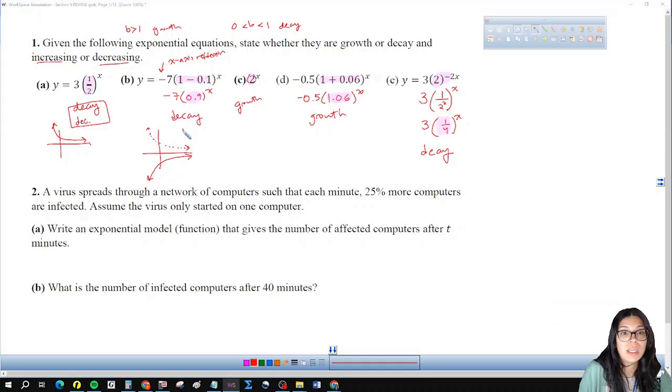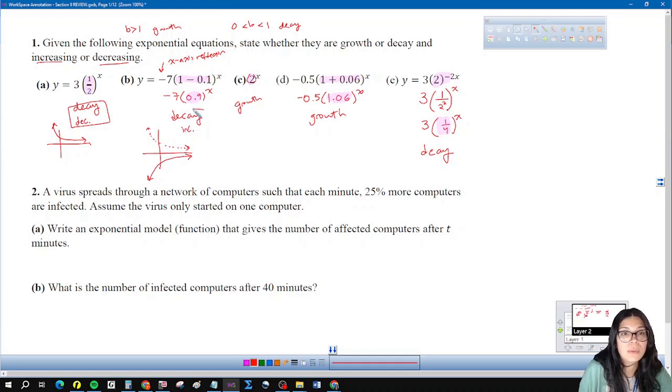So this is actually increasing. So you want to be careful. You want to consider the transformations that are happening to the growth or decay function. This one is a growth function, and notice that there is no reflection. So the function would stay as a growth function. So this is increasing.